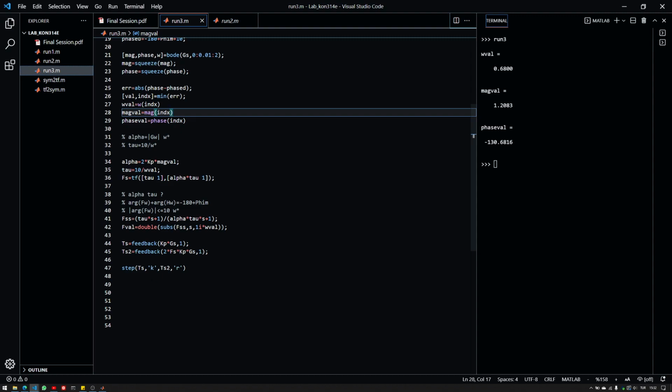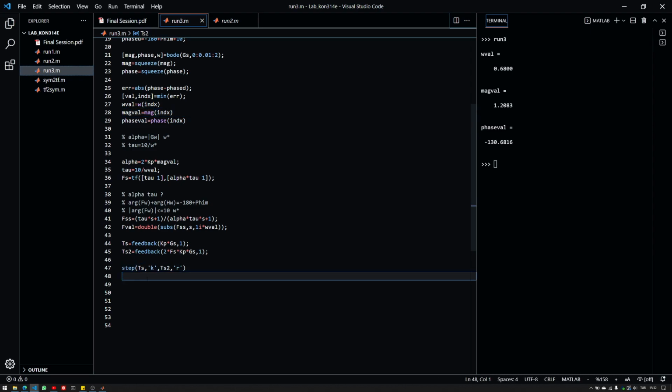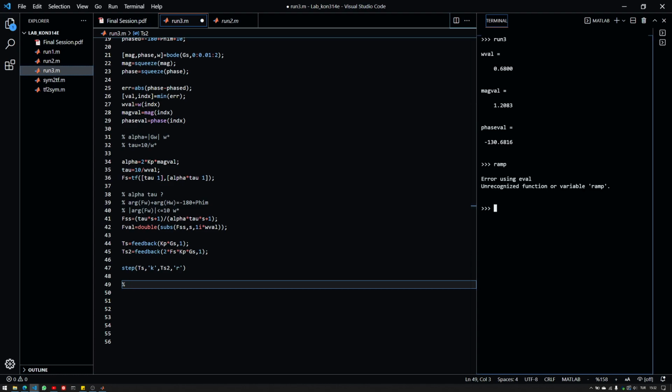So how can I switch back to ramp type inputs? Now, if you remember in the previous lectures, I told you that you can use the step function, but you have to include a S term to end up with the ramp response. So I don't remember if there's a ramp function.